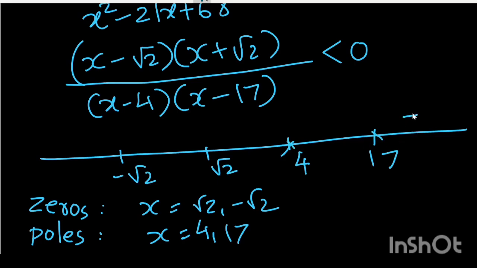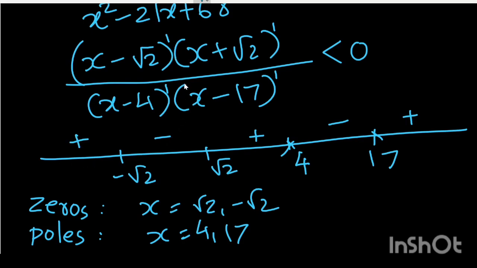Now the rightmost interval I will mark with a plus sign, and then again it is minus because all the factors have power 1. So again minus, this interval is plus, again moving leftwards this interval would be minus, and finally the last interval would be plus.